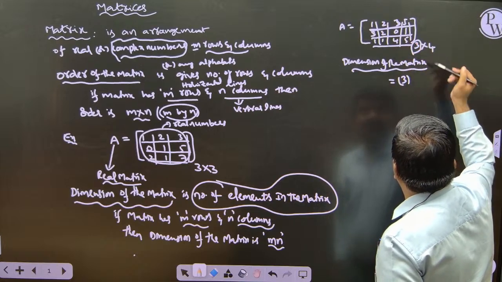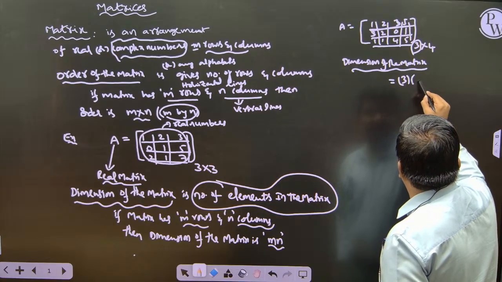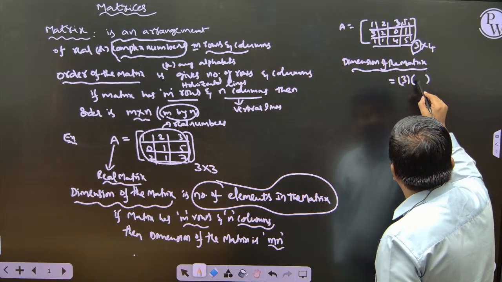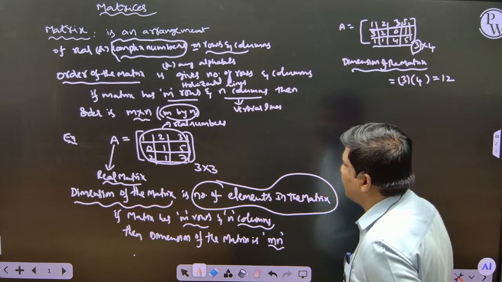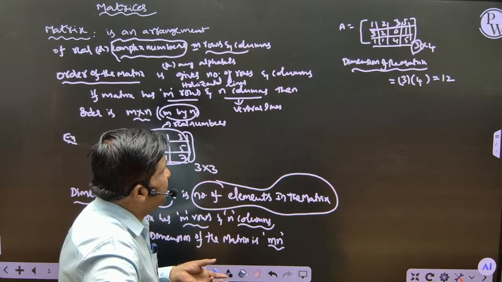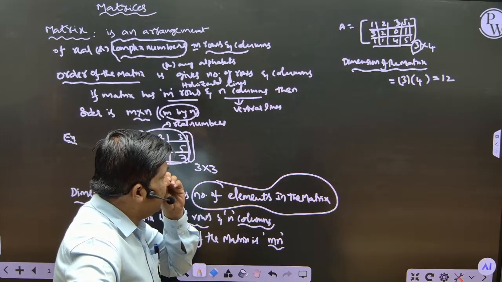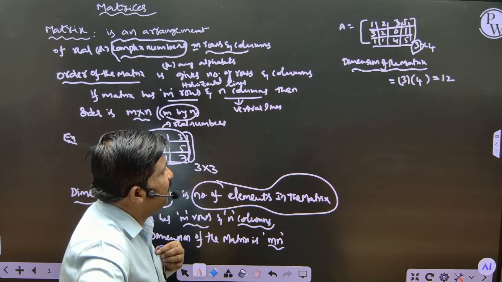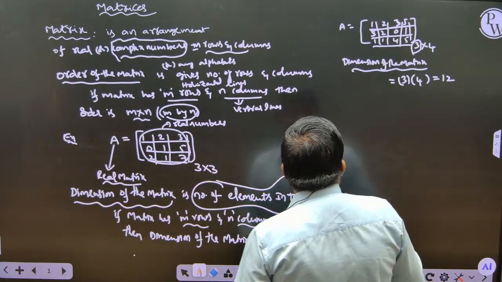Each row has how many elements? 4 elements. So the dimension of the matrix is just the product of the number of rows and the number of columns. So it gives what amount? 12. Dimension means how many elements are there in the matrix. When the matrix has m rows and n columns, then the dimension of the matrix is mn. mn is equal to 12. Next.